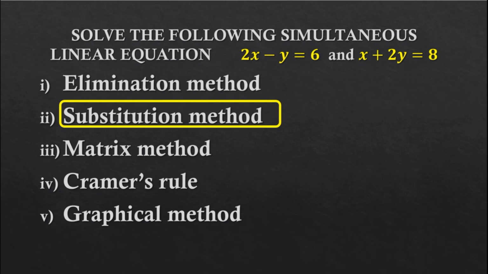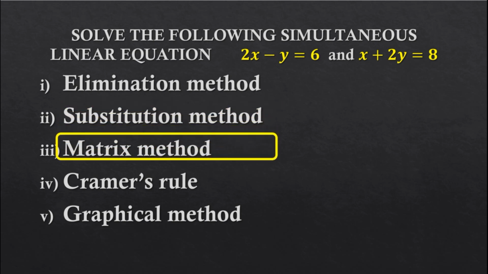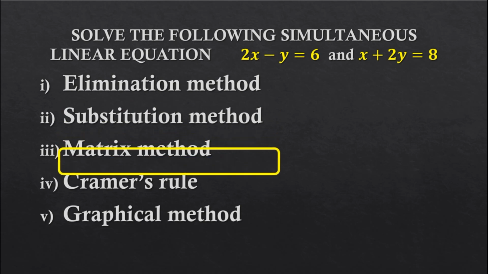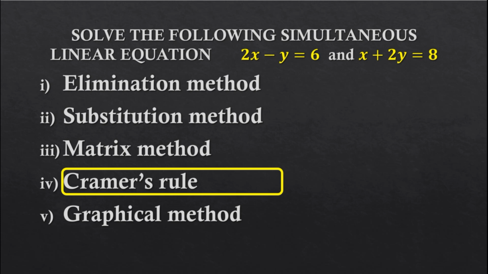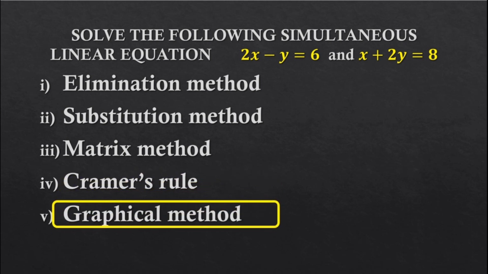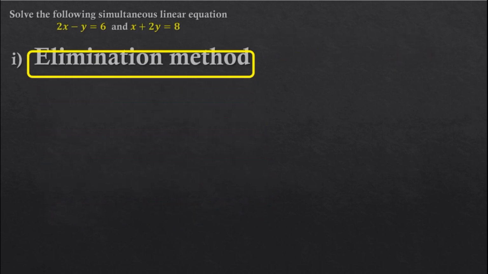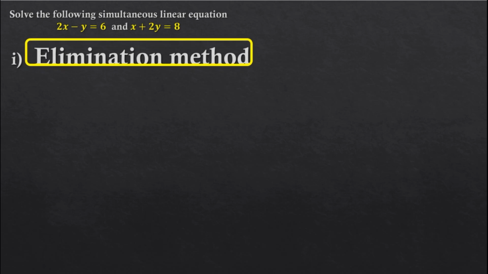After that, we look at the matrix method, then Cramer's rule, and finally the graphical method. Those are the 5 methods we are going to learn today in solving simultaneous linear equations. Let us begin with the first method.